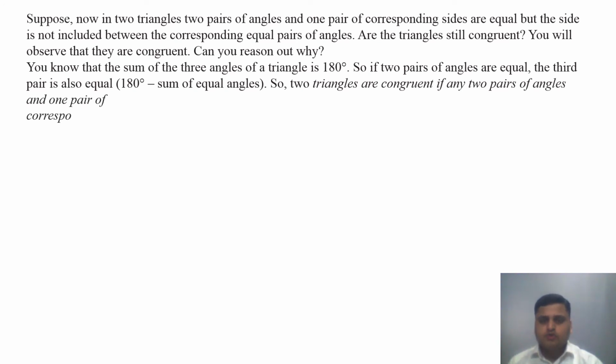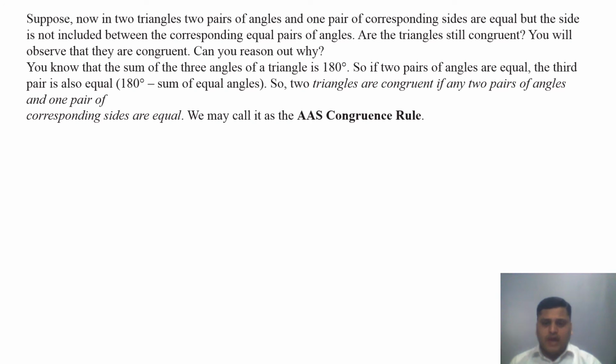So two triangles are congruent if any two pairs of angles and one pair of corresponding sides are equal. We may recall it as the angle angle side congruency rule.